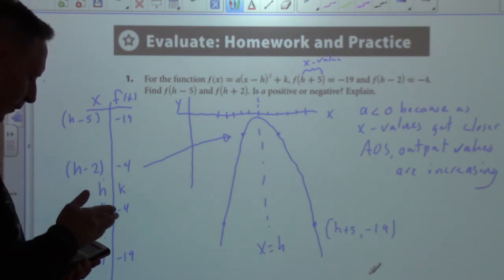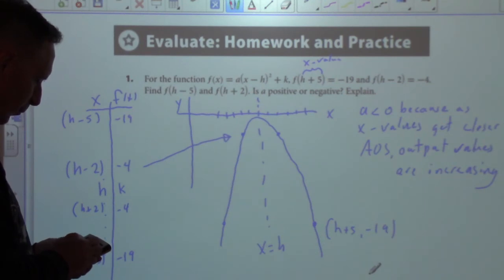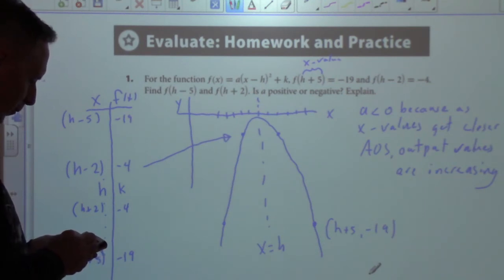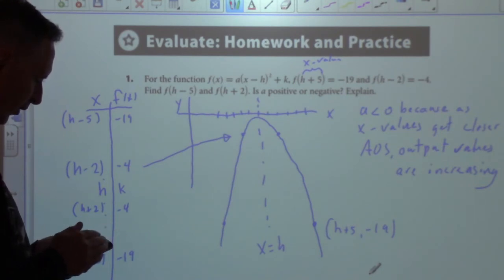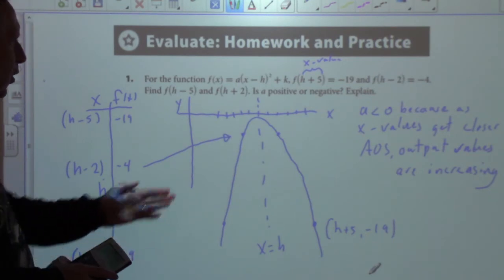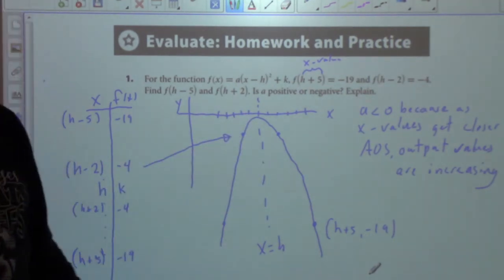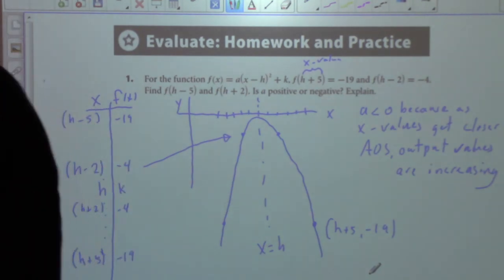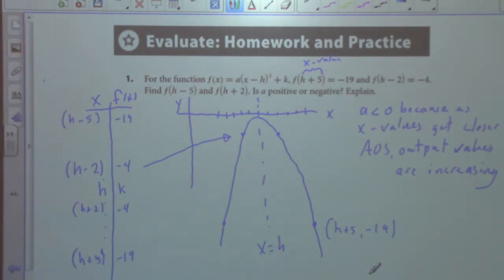It says B is equal to 7.14, but still doesn't tell me the axis of symmetry. Negative B over 2A, I can figure that out. But A is equal to negative 0.714, so that's what A is. So we have the actual equation right here. So I thought that was interesting.